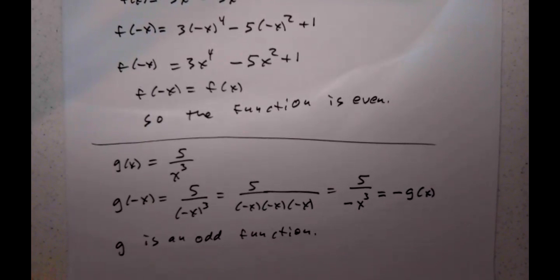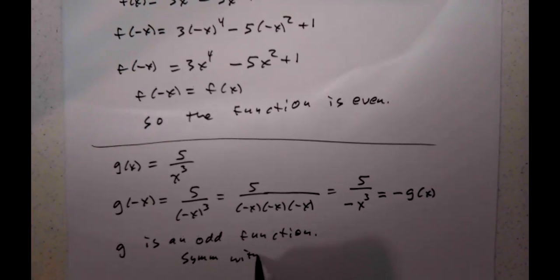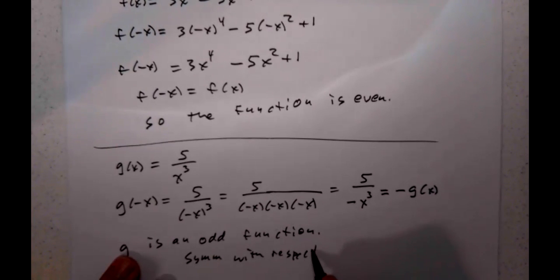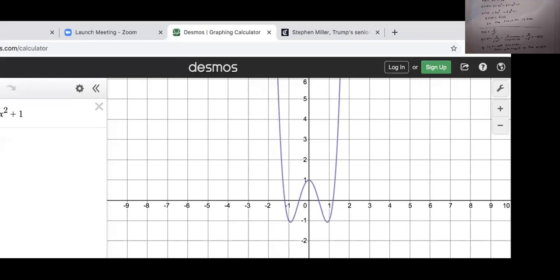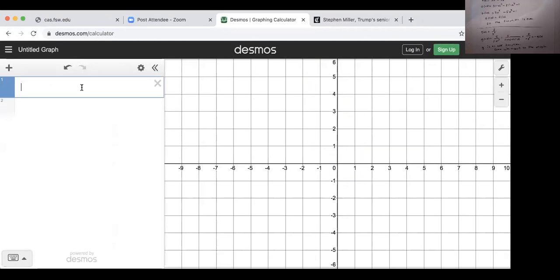So that should be symmetric with respect to the origin. All odd functions should be symmetric with respect to the origin. Which means if you fold it twice, the points match up. So let's take a look at the graph of that. So we've got g of x is 5 over x cubed.